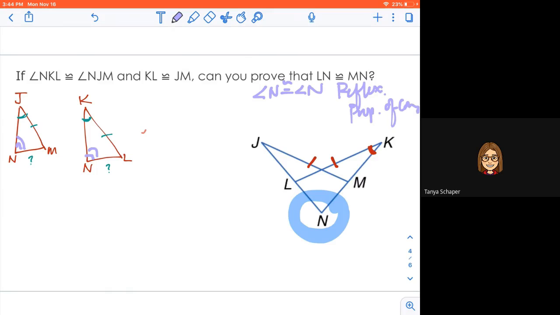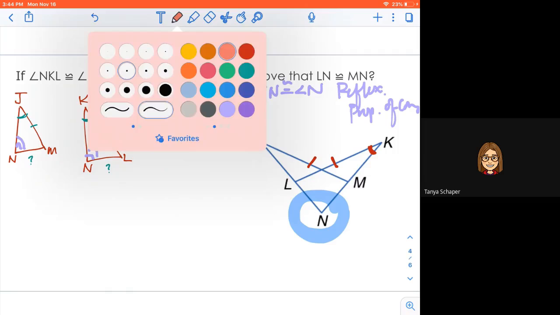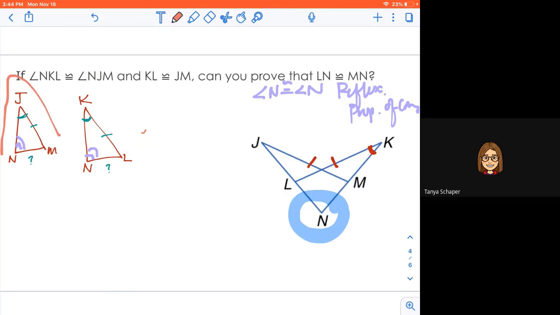When I look at these, I see that I have angle, angle, side. So I can say that triangle NJM is congruent to NKL because of angle, angle, side.